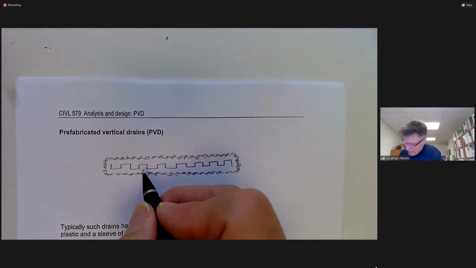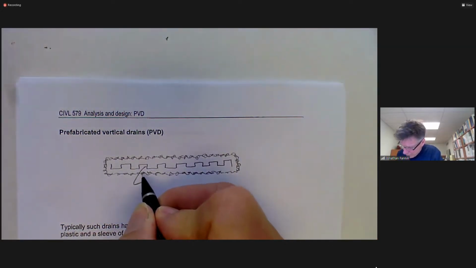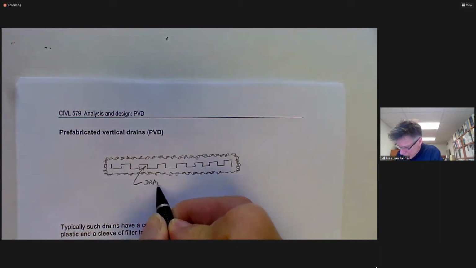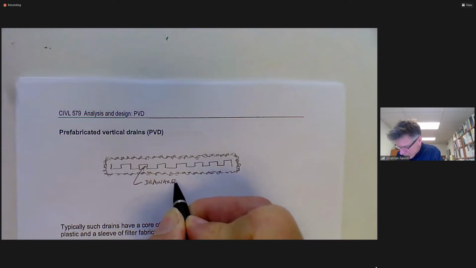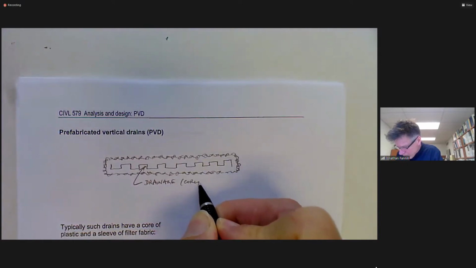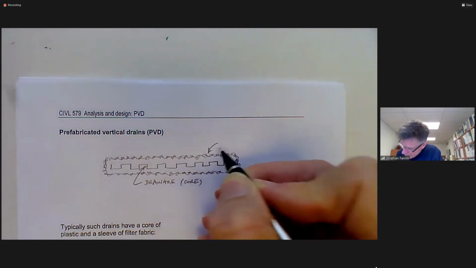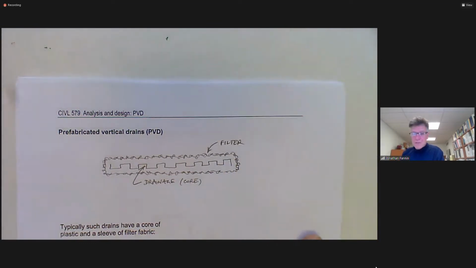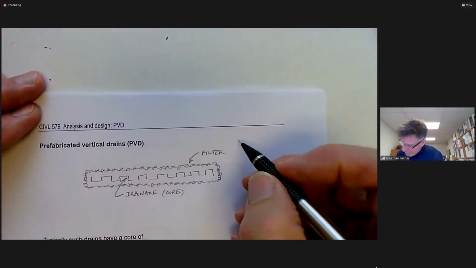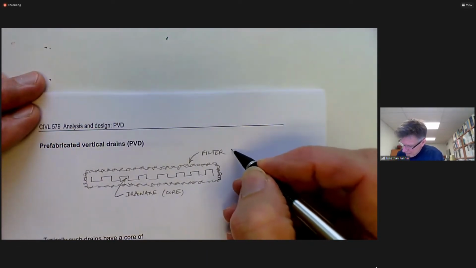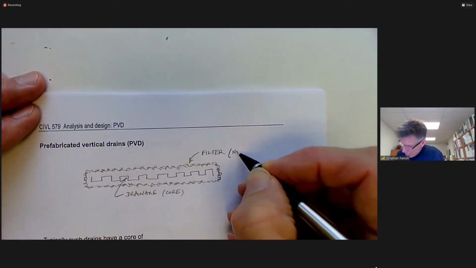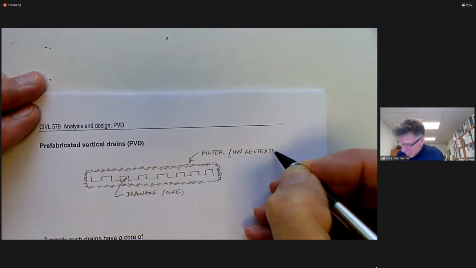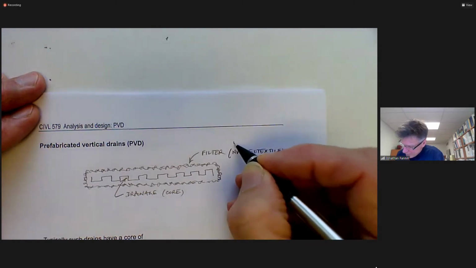So there's our core. Let's call this the drainage core. And here is the filter. And typically, I guess because it's relatively inexpensive amongst other things, it is a non-woven geotextile. And in fact, it's a heat bonded.